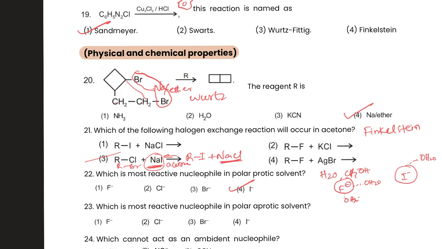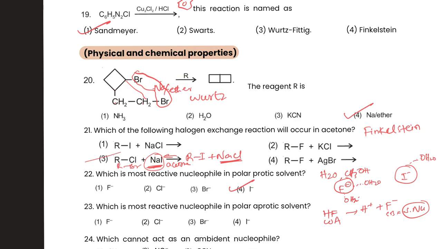Which is the most reactive nucleophile in the polar aprotic solvent? Generally we know HF is an acid, and on dissolution it gives H plus and F minus. A weak acid gives a strong base, and strong bases are generally strong nucleophiles.